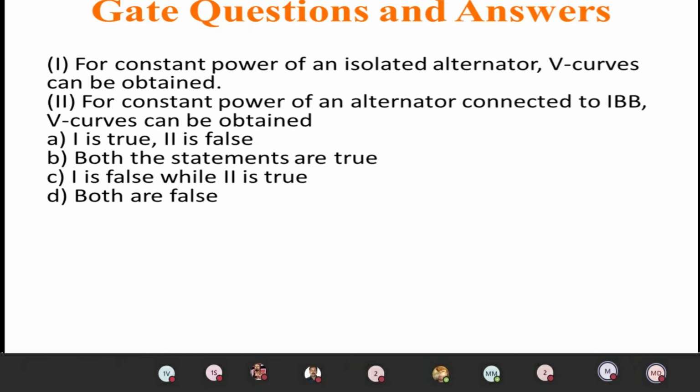Option A, first one is true, second one is false. Option B, both are true. Option C, first one is false, second one is true. Option D, both are false. So the answer is C, because if it is an isolated alternator, the power you cannot change.